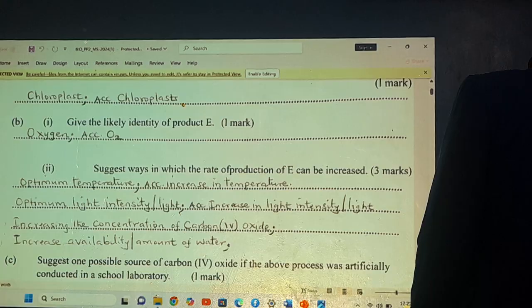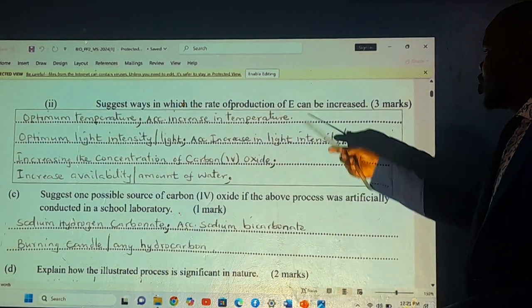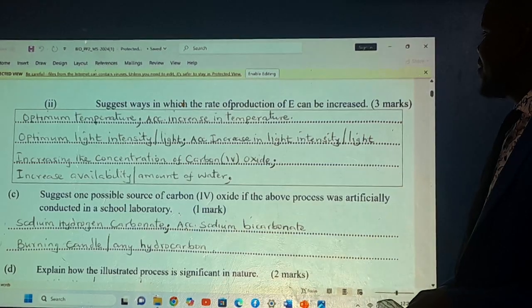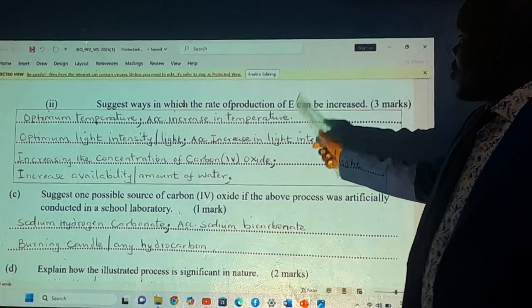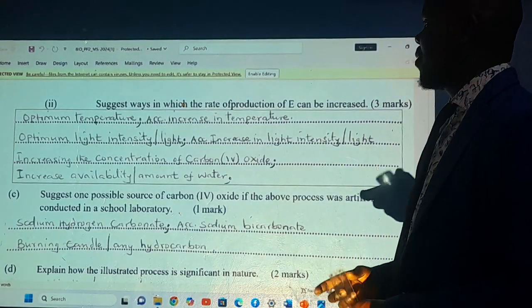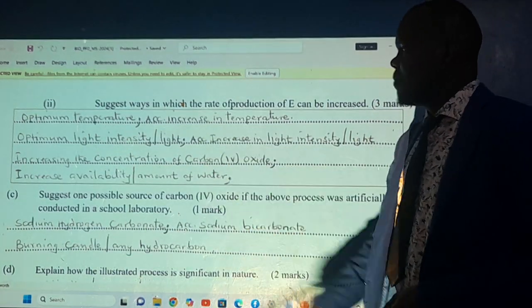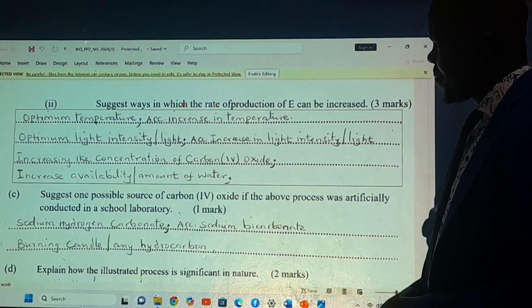Then Roman 2: suggest ways in which the rate of production of product E can be increased. We are speaking about how we can increase the oxygen released in the process. The accepted correct answer is optimum temperature.